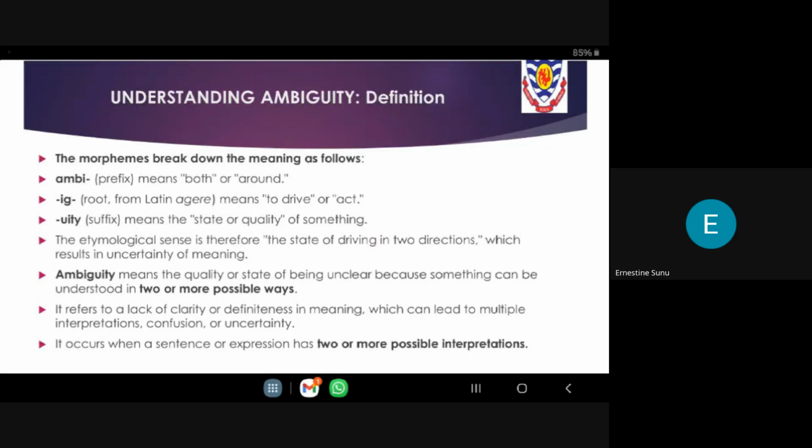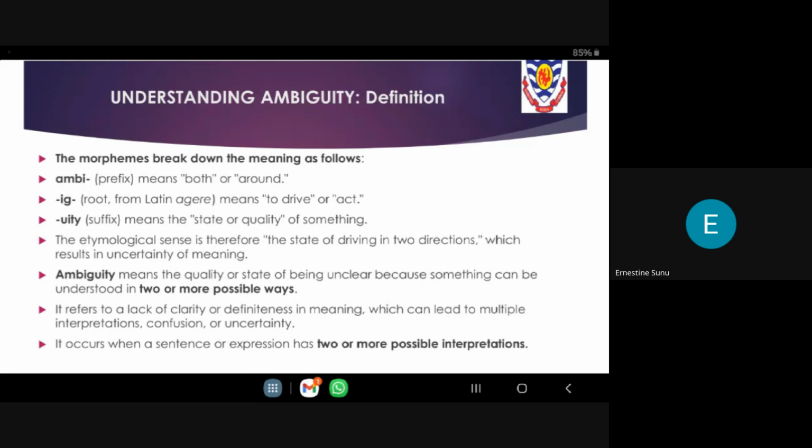Okay, now, how can we define ambiguity? Ambiguity is made up of some morphemes. Ambi, when you see ambi in a word, it simply means it has two meanings or divergent meanings. So two things, and then ig also means act or drive.